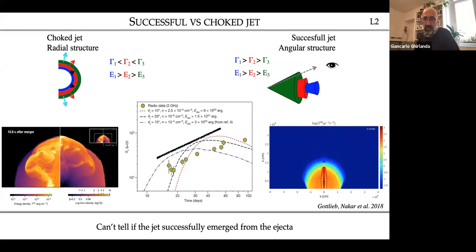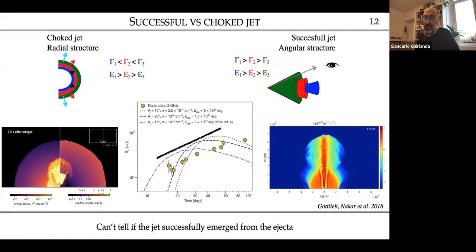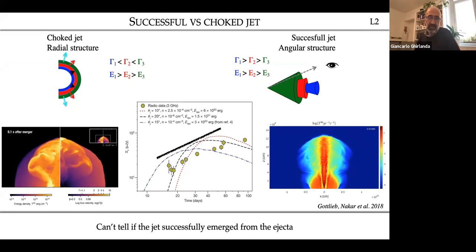But the theory, I would say, was much developed before this, and there were some attempts also to use the observations available to say something. They were not as conclusive as in the case of 1708-17.